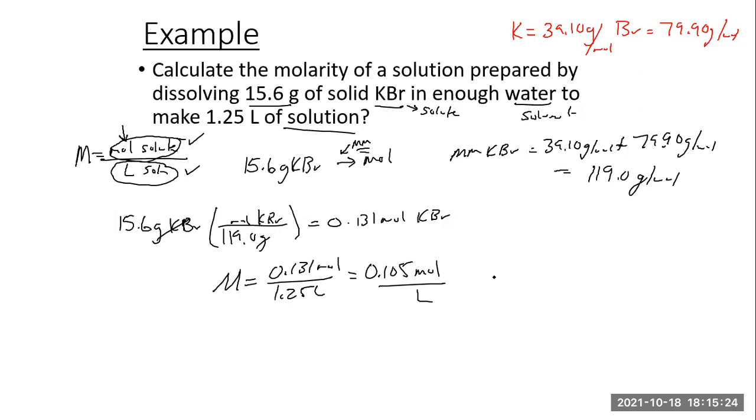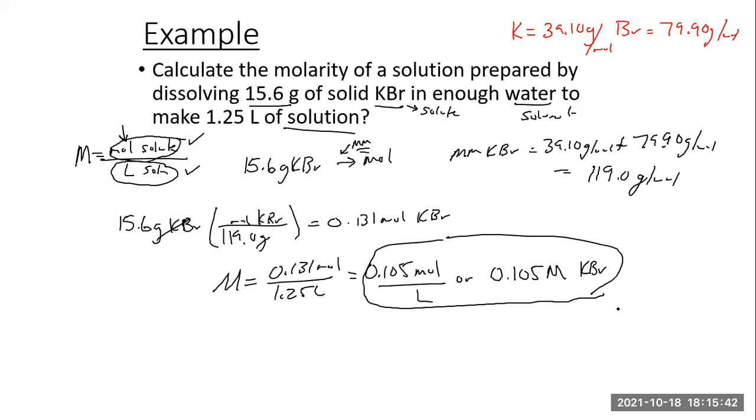Or if you want, you can at this point just write big M, which stands for moles per liter, and maybe KBr in terms of our answer. You could leave it either way, moles per liter or big M. That's your final answer. Any questions on that?